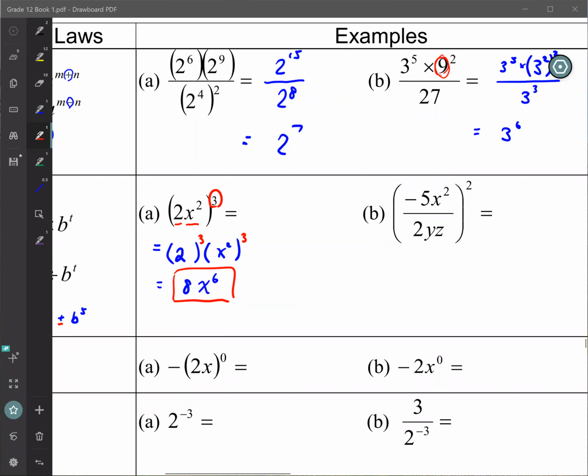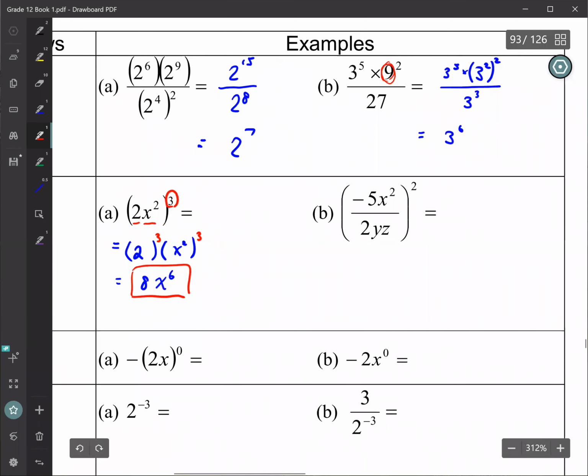Okay, Cindy, what's your final answer? 25x to the fourth power over 4y to the second power and z to the second power. Yeah, okay. So why does the negative disappear, Tiana?